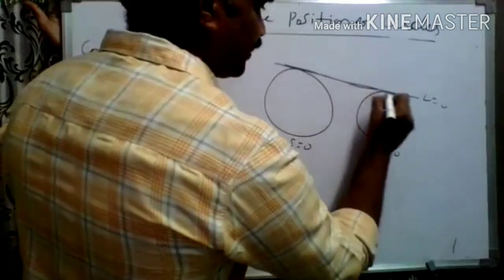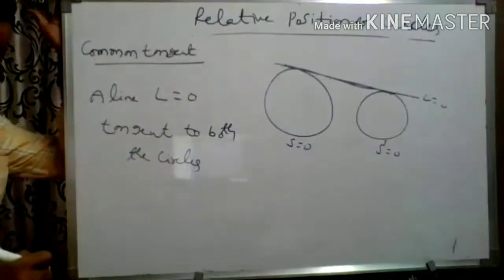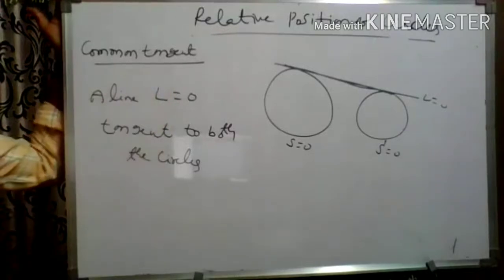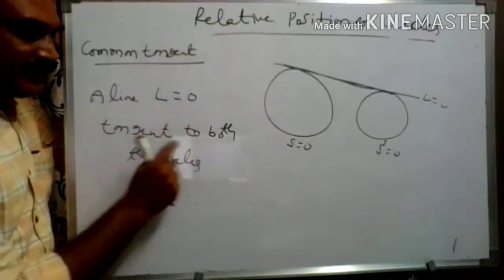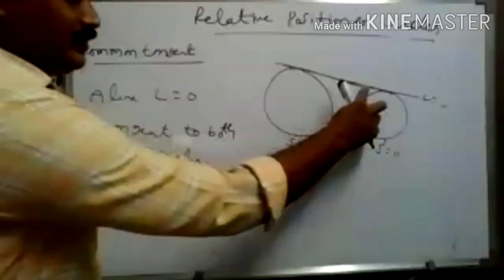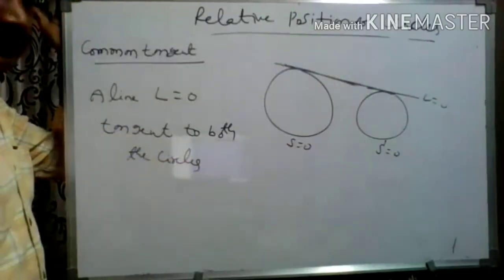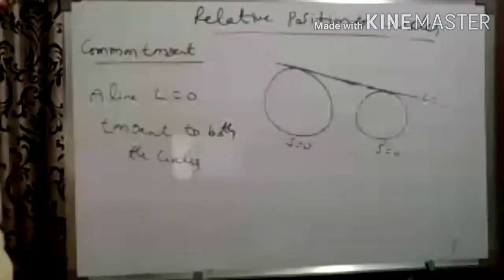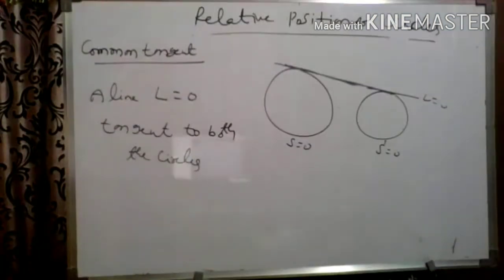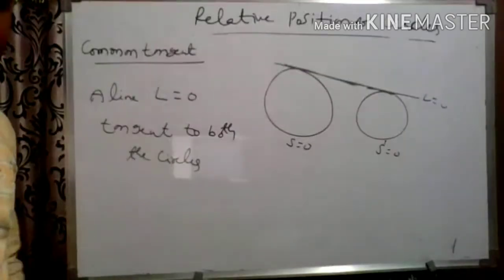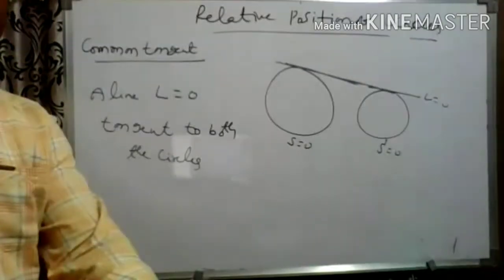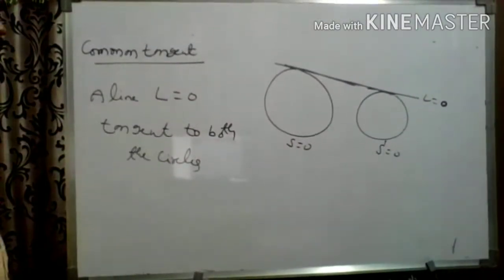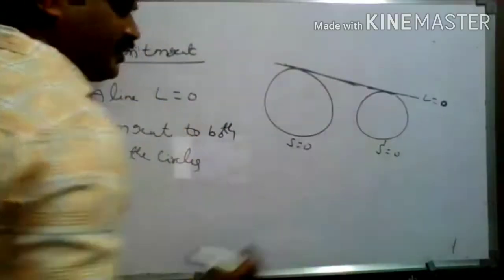So write down: common tangent, a line L equal to 0 is tangent to both these circles.